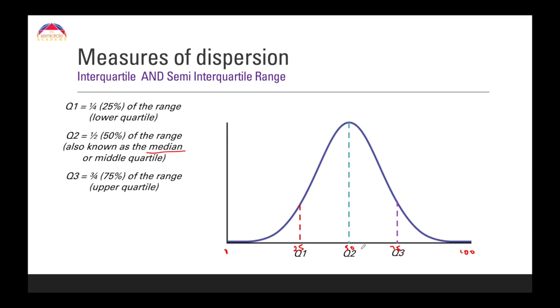Now, you saw that when we were dealing with a range, you used your maximum value minus your minimum value, and that gives you the range. Well, the interquartile range is when you take this Q3 value over here and subtract the Q1 value over here.